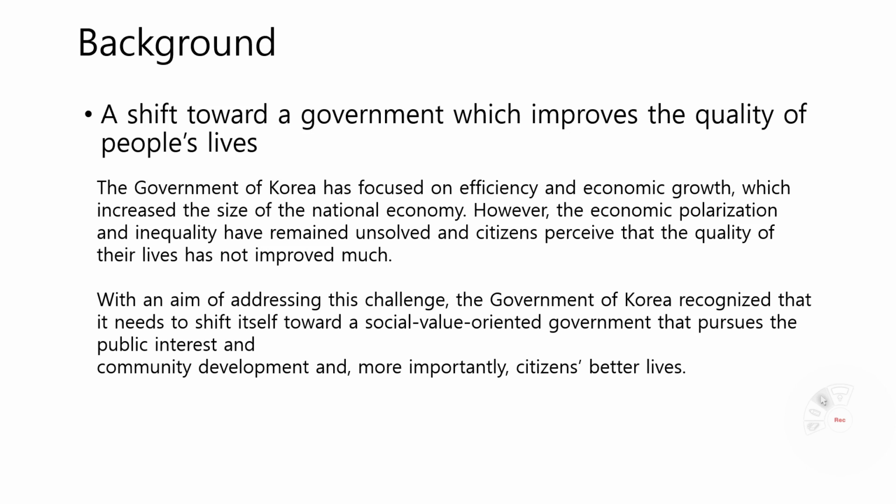With an aim of addressing this challenge, the government of Korea recognized that it needs to shift itself toward a social value-oriented government that pursues the public interest and community development and, more importantly, citizens' better life. Citizens' better life, citizens' happiness.